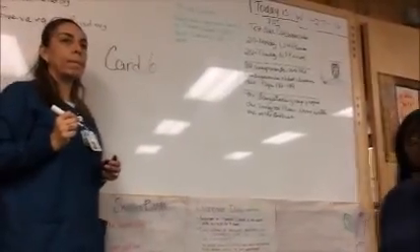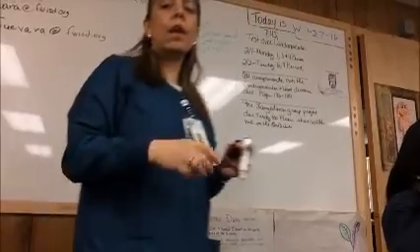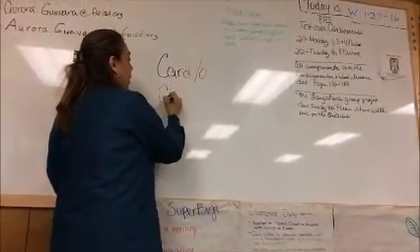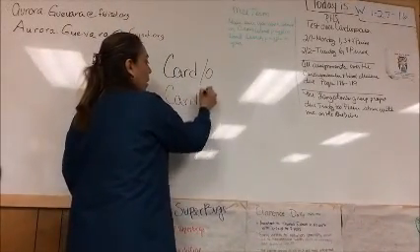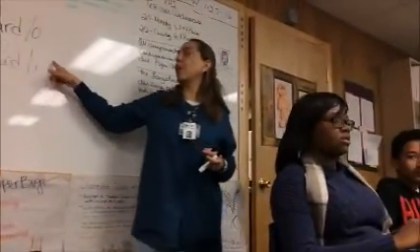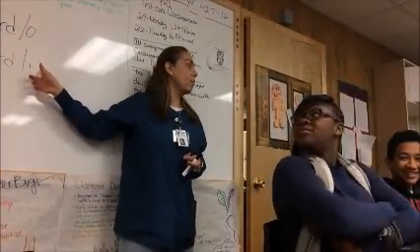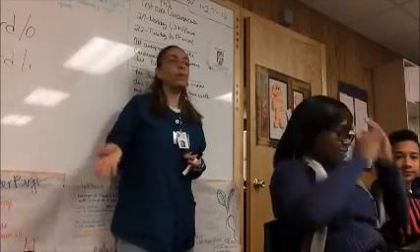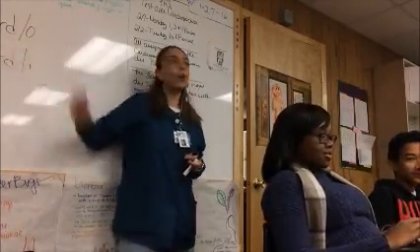That's one. The other way you'll see it is like this. That's when we know that we're using a combining vowel. You'll have a separation between your root word and your combining vowel.